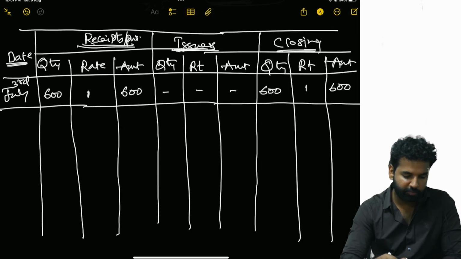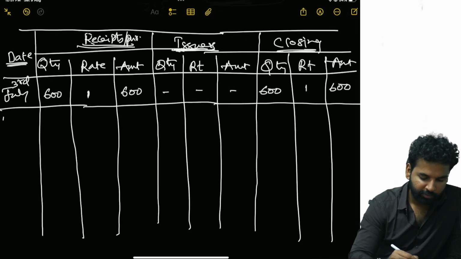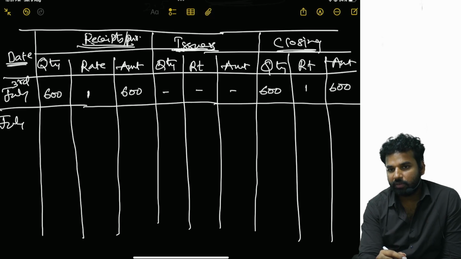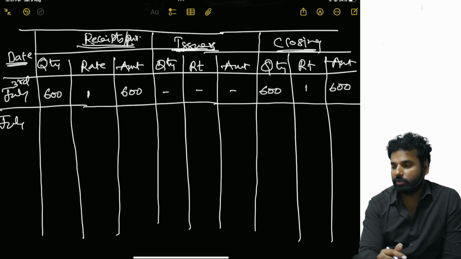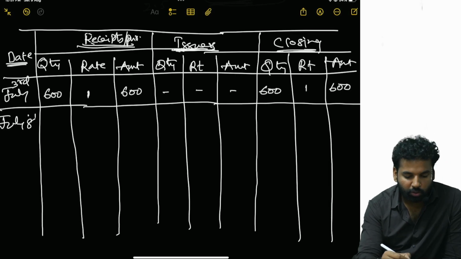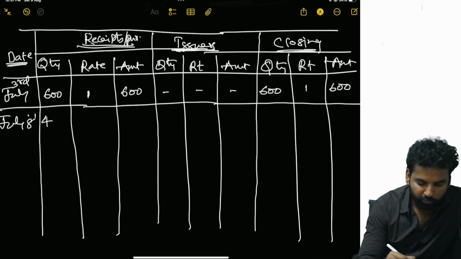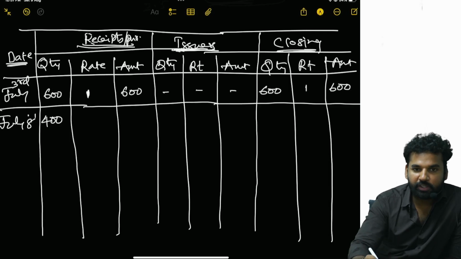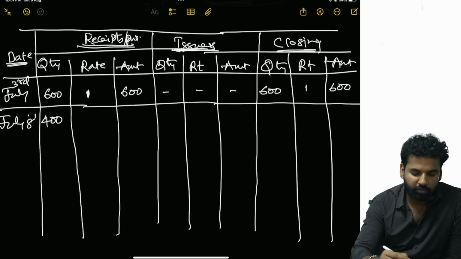Now next day, what happened? July 8th. You have to tell in chronological order, irrespective of the transaction, maybe purchase or maybe issue. July 8th, what had happened? Issue. How many units? 400 kgs issued. We have 600 in stock, that material only we had issued.